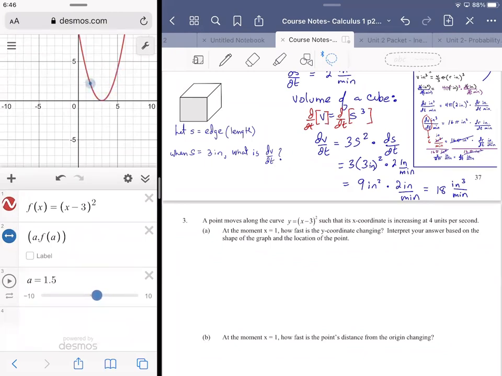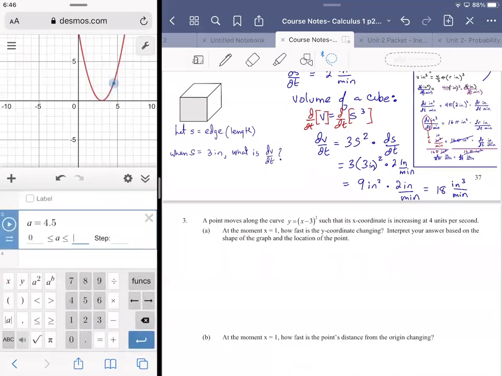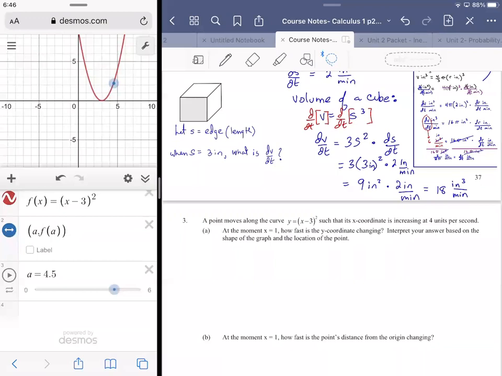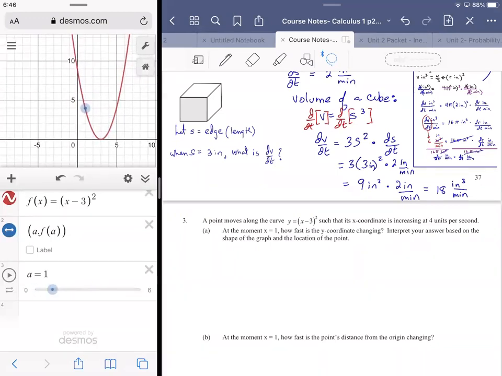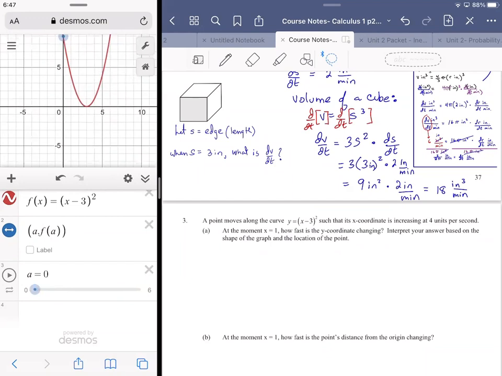We don't even really need -10 to 10, even 0 to 6 would be fine, just so it doesn't go running away on you too much. Go a little higher so it looks like it goes off the grid a little bit. Just go ahead and animate it. You see it's on the move there. So that's what's happening here.